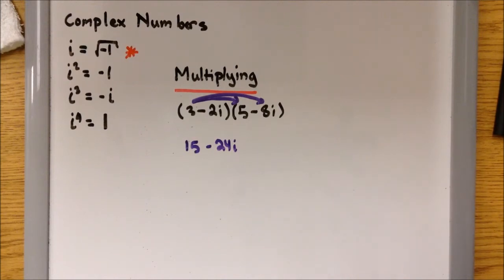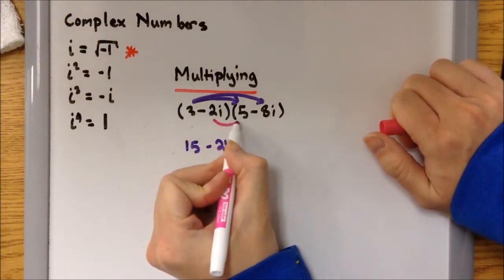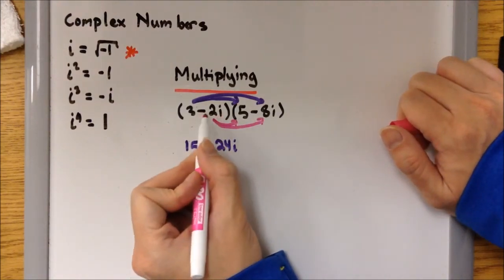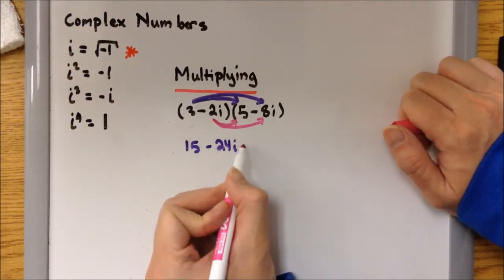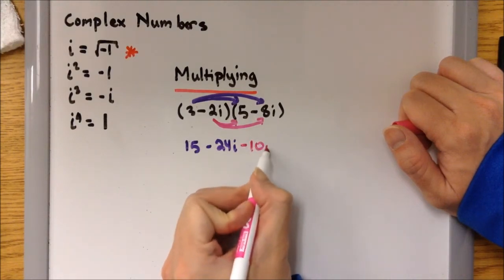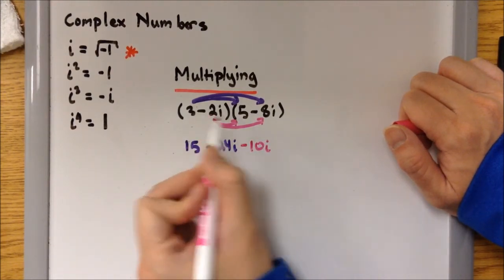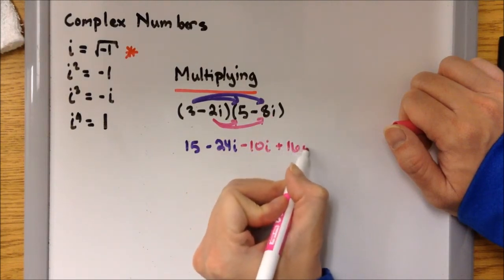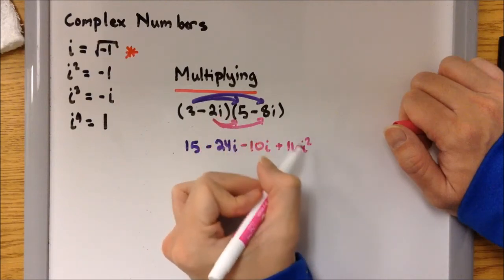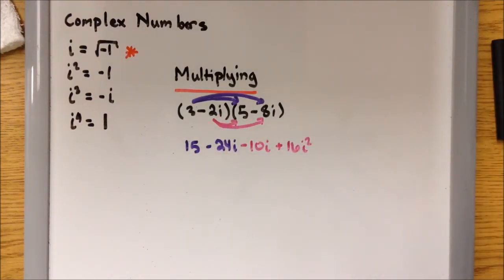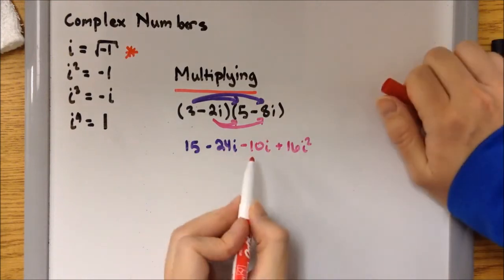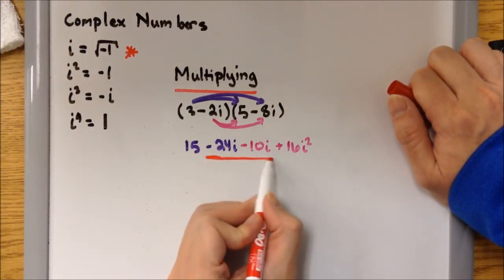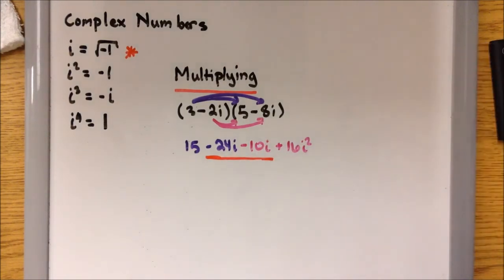And then the second half of foiling, so negative 2i, because of the minus, times 5 will be negative 10i. And then negative 2i times negative 8i is positive 16i squared. Remember, i times i is i squared. And then, after foiling, we're going to combine like terms, because we have two that have i, so we can combine those two.